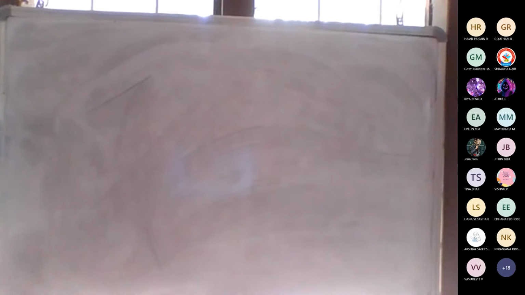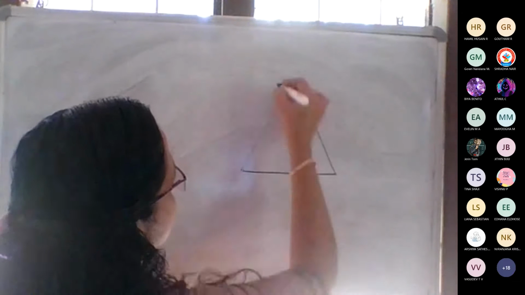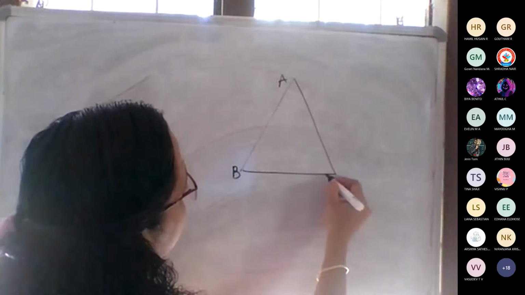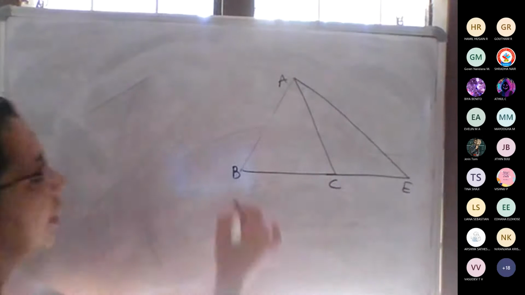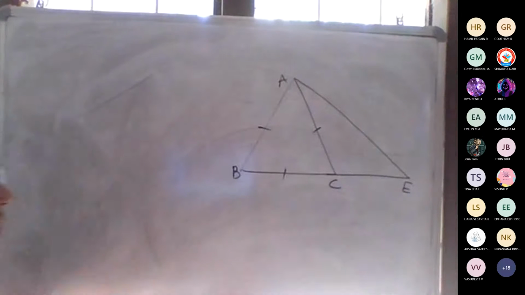So ABC is an equilateral triangle. Then BC is produced up to E. Then join AE. Equilateral triangle means all the sides are equal.